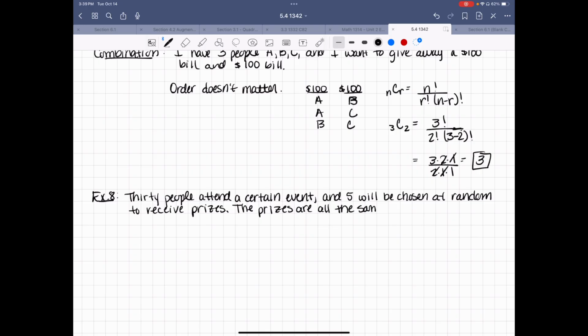So the order in which the people are chosen does not matter.